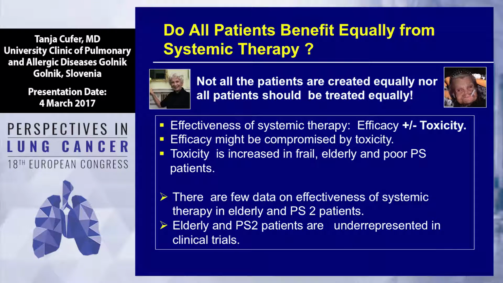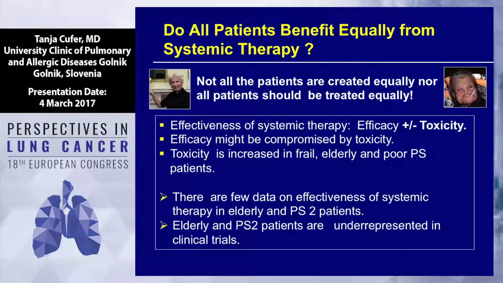We are allowed to put elderly patients into studies, but there are still limitations regarding the performance status. In most of the studies, exclusion criteria exclude patients who are frail with comorbidities, patients with inadequate liver or kidney function or whatever. So there is really not a representative collective of the patients in the trials.